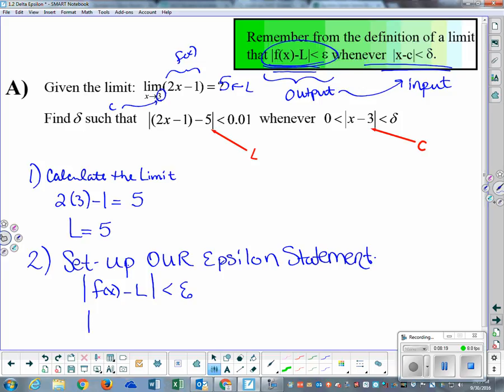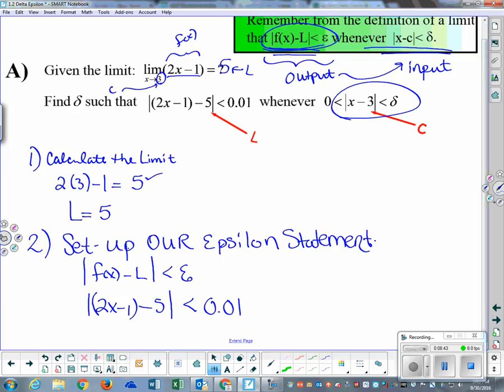Our function was up here, 2x minus 1. Our limit is 5, and we want it to be within 1/100th of a unit. Our goal is to find out about the absolute value of x minus 3.